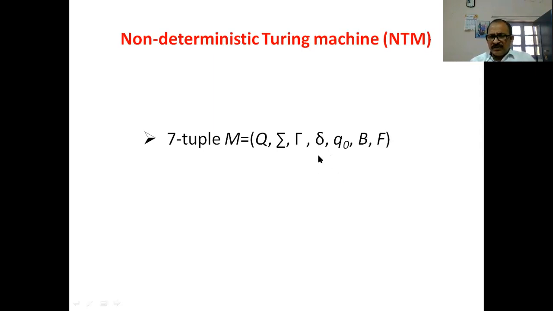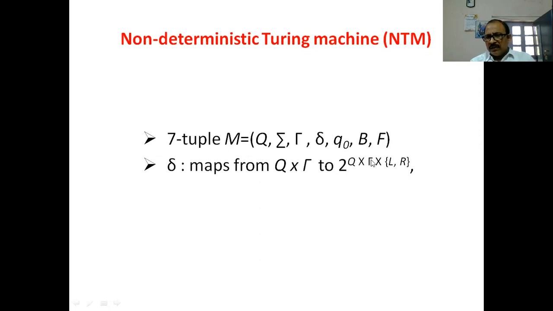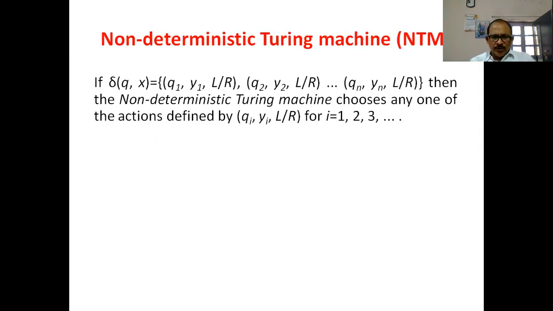The difference is in the transition function. Here the transition function maps from Q cross gamma to 2 power of Q cross gamma cross {L, R}, the left movement and the right movement.